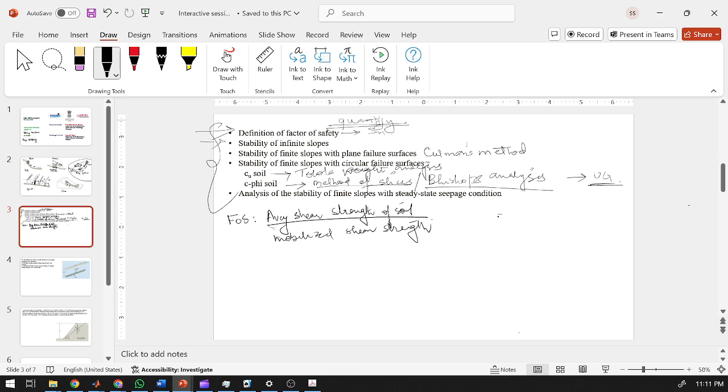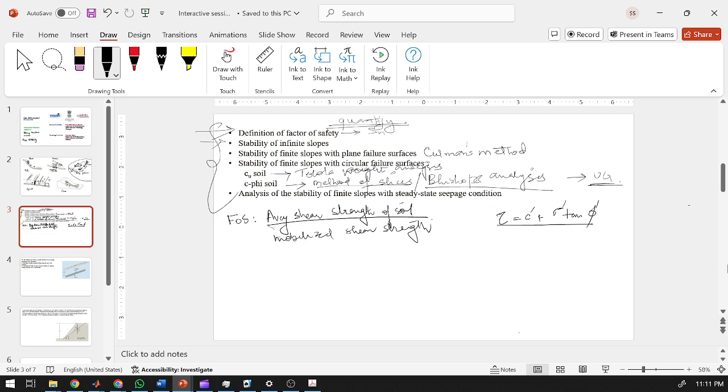And you know the shear strength from previous classes: shear strength is sigma dash tan phi dash. This is the effective, where dash means the effective parameters. Similarly, we can write the mobilized shear strength.